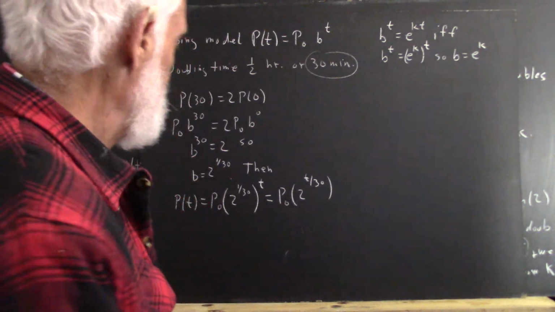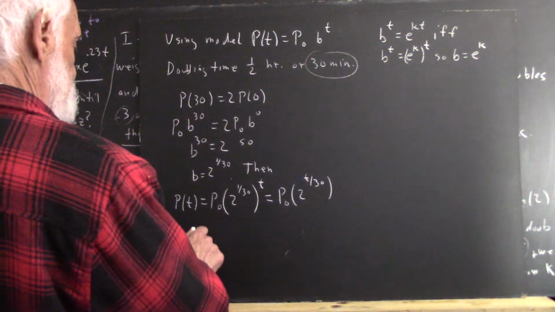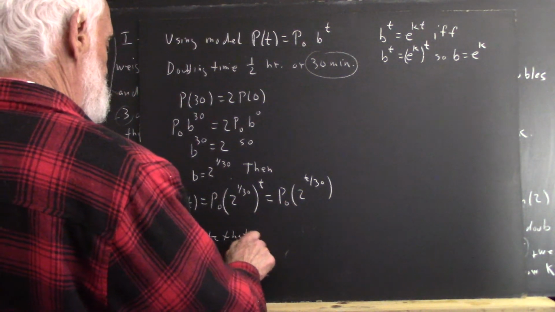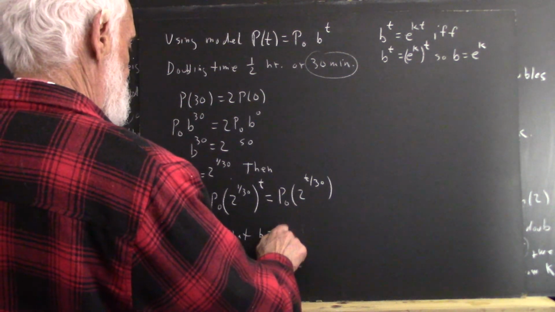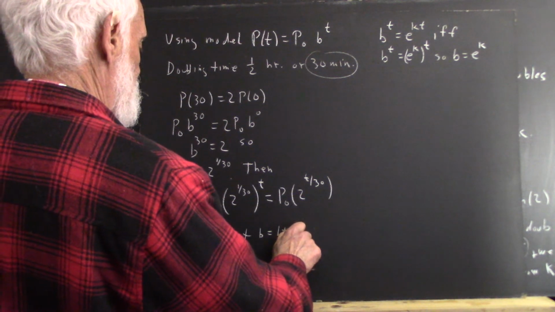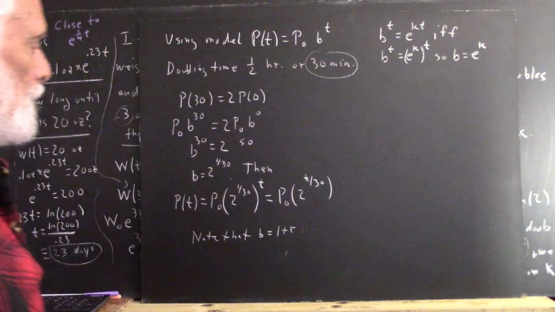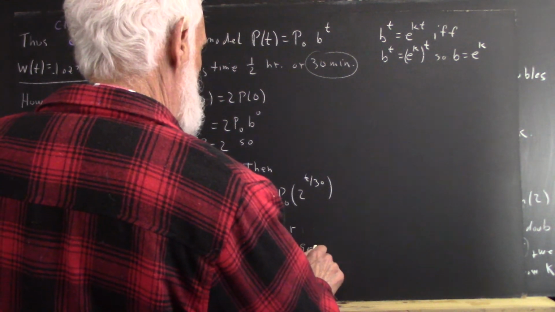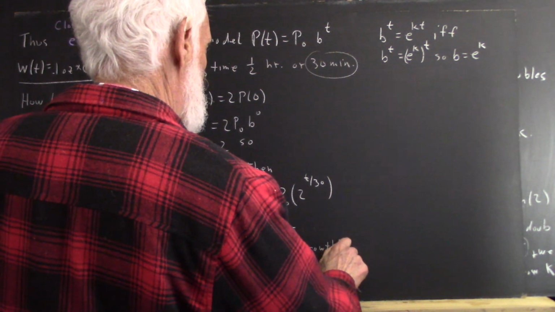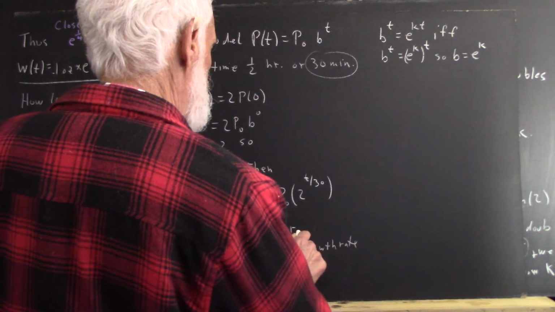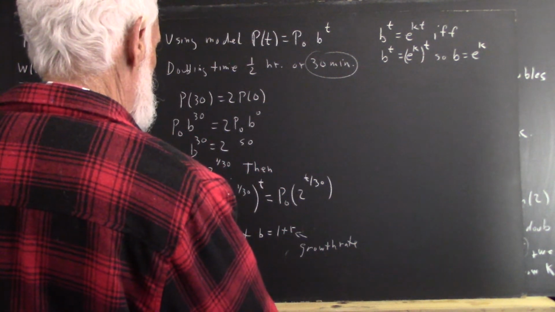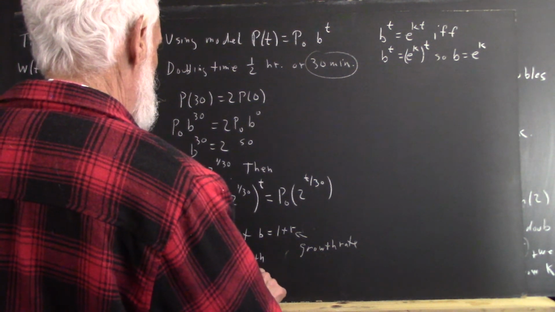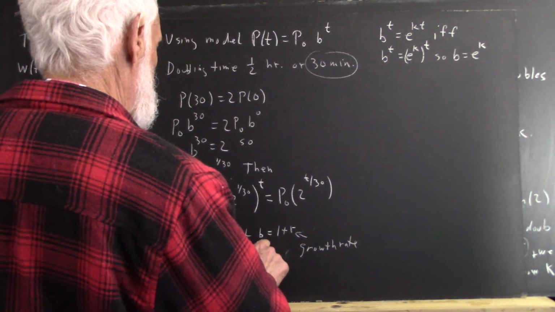Okay, so b is 1 plus r, where r is a growth rate, and b is the growth factor.